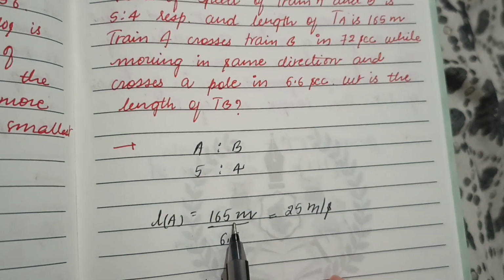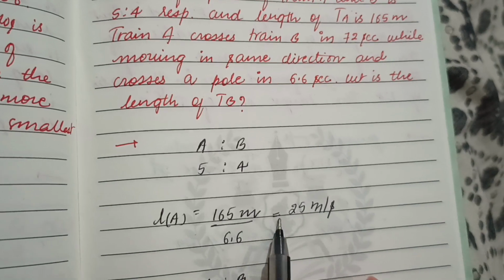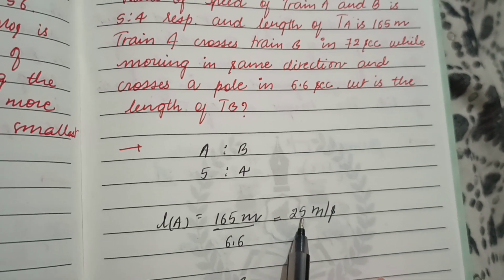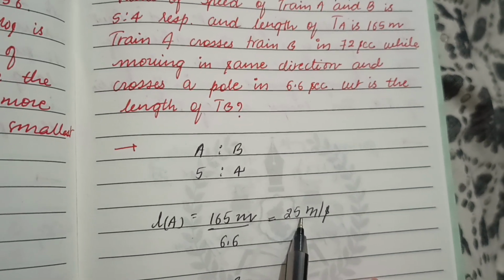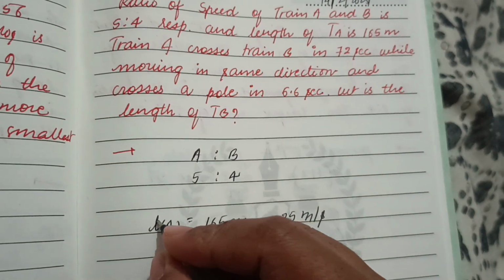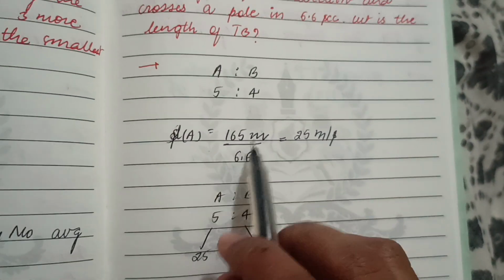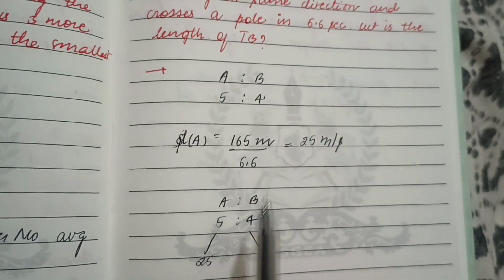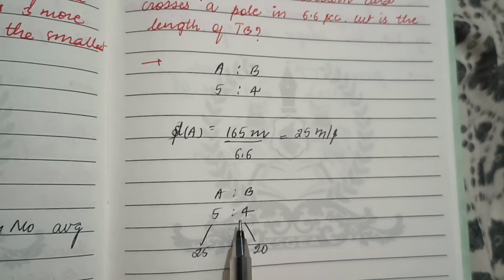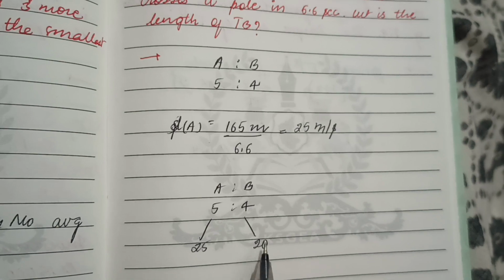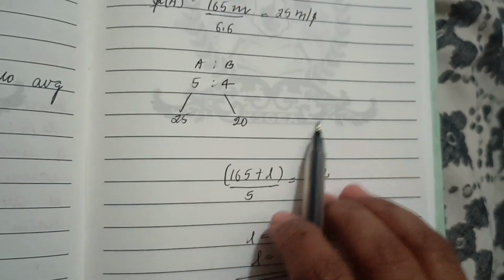So 165 divided by 6.6 will give you 25 meter per second, which is the speed of the train A. If the speed of the train A is 25 meter per second, therefore the speed of the train B will be 20 meter per second.